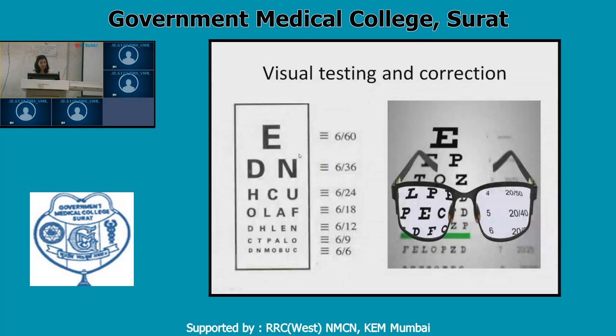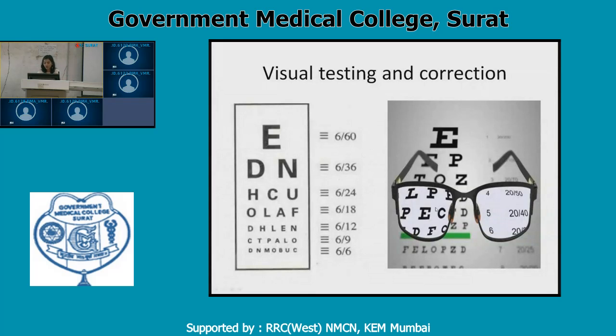This is the 36 meter letter, meaning it can be seen by a normal person at a distance of 36 meters. This can be seen from 26 meters. Similarly, the distance keeps on decreasing. The last line is the one a person should be able to see from 6 meters distance, and if the person is reading this line, it is considered normal.